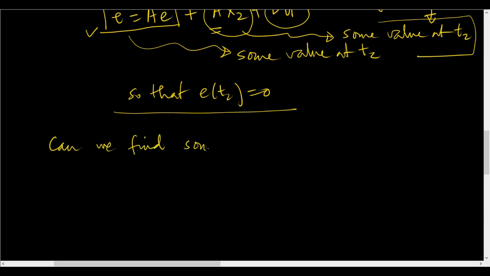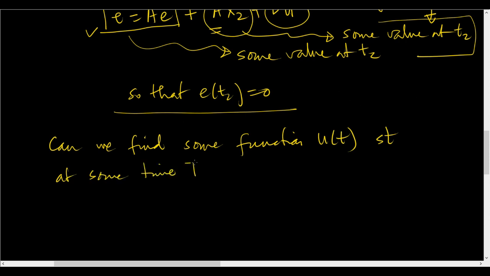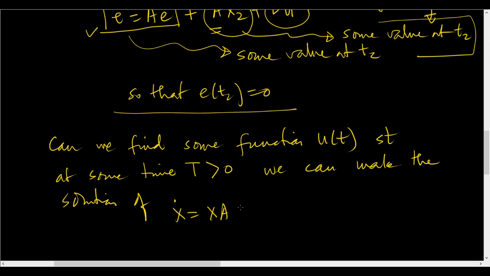Okay, so you will see that since this x2 is arbitrary, basically what we need is, can we find some function u of t such that at some time t greater than 0 we can make the solution of x dot equals ax plus bu, x of 0 equals 0, starting from 0 initial condition, right?